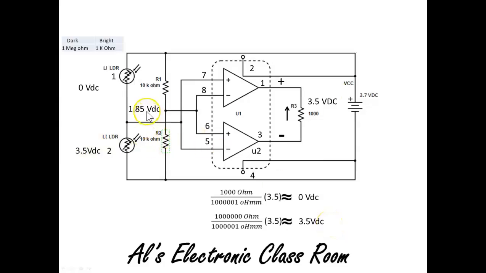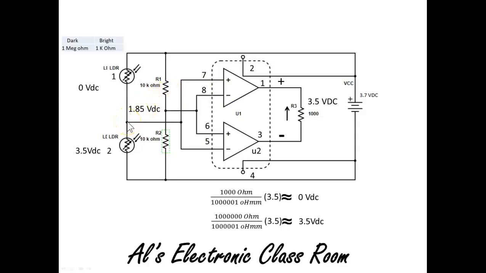My 1.85 volts is a reference that does not change. We see that on pin 1, pin 8 and pin 5. Remember, there are two comparators in this one IC. These are always going to see 1.85 volts. That's my reference.